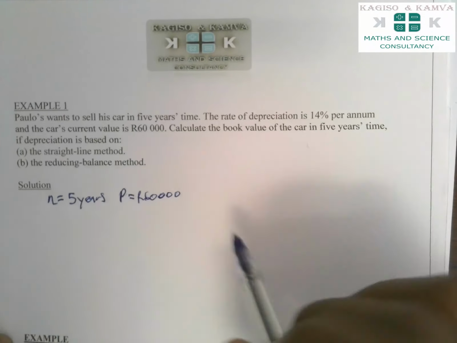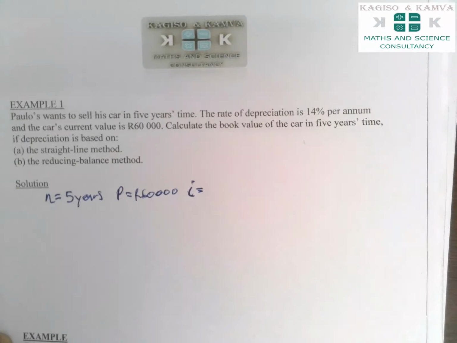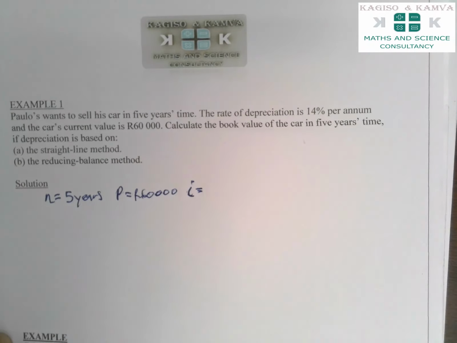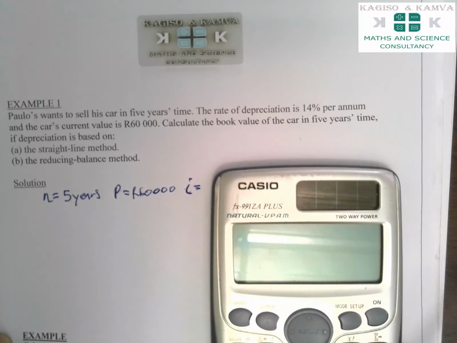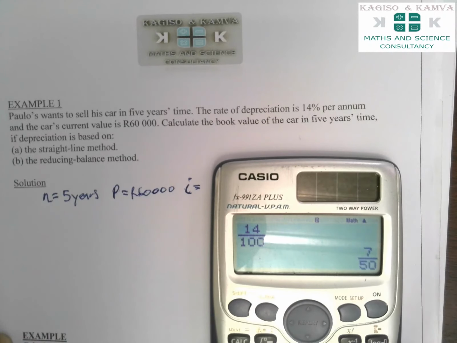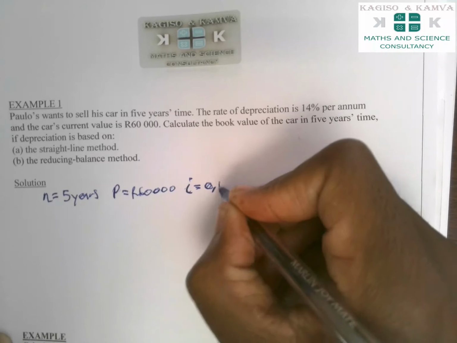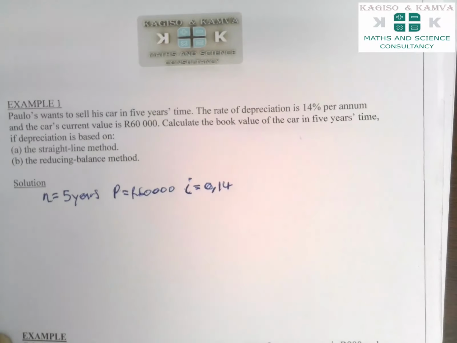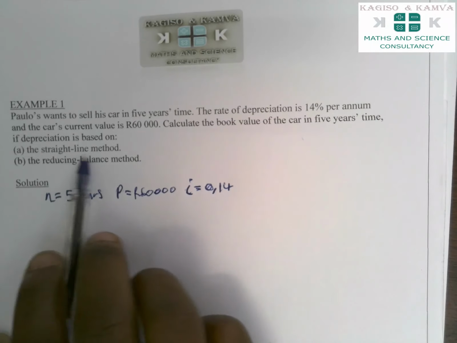And we also have I. I has to be in decimals. That will be 14%, which is 14 divided by 100. That will be 0.14.